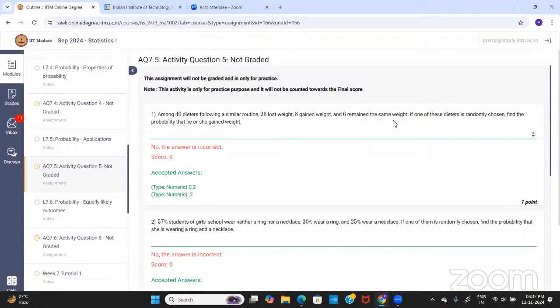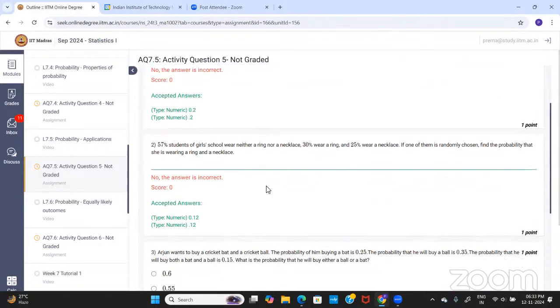If one of the dieters is randomly chosen, find the probability that he or she gains weight. The number of people who gained weight is 8, so it will be 8 divided by 40. Yes, ma'am. So it will be 0.2.